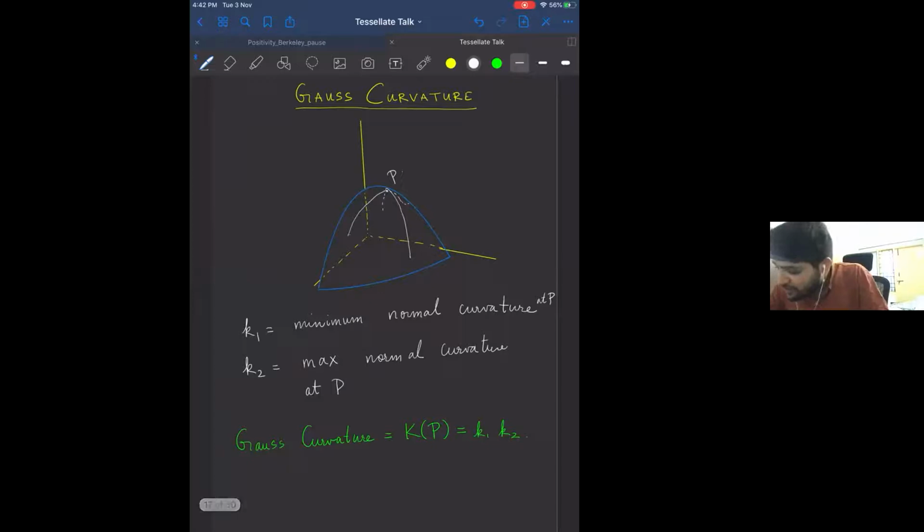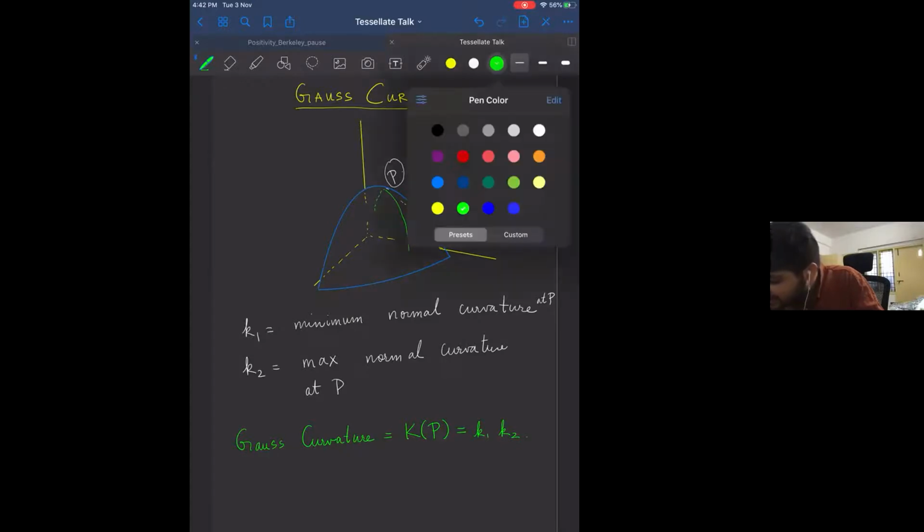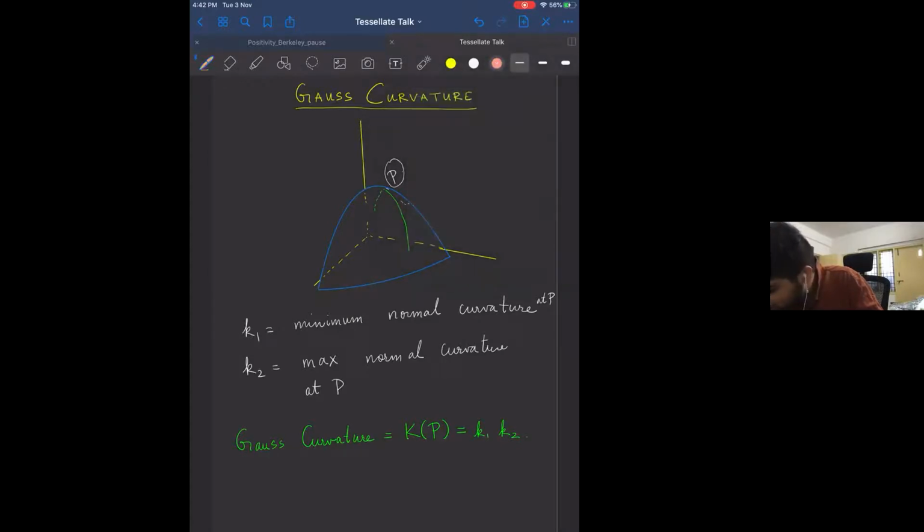Right. So the Gauss curvature is simply, so let's say I'm trying to calculate the curvature at this point P. What I do is simply take all possible curves passing through this point, right? So maybe I should have used slightly different colors. Right. So you can imagine, let's say I draw this first curve in green, and you can imagine drawing another curve which goes something like this, right?